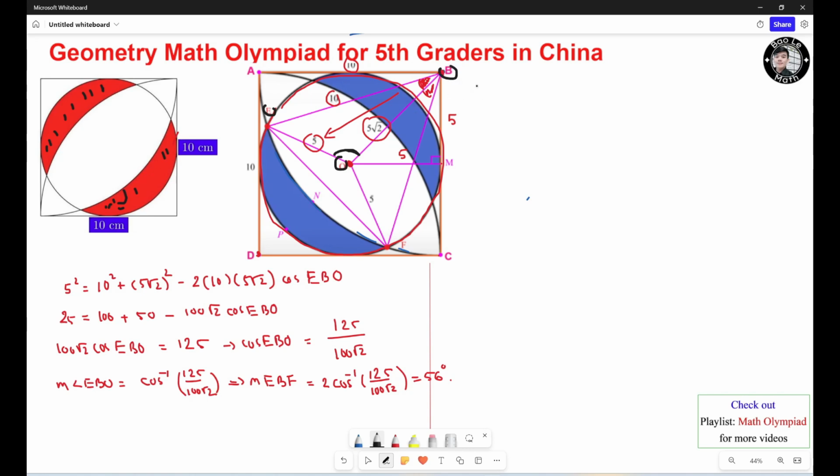We have 10 squared, because this angle is opposite to this side length, so 10 squared equals 5 squared plus (5 root 2) squared minus 2 times 5 times 5 root 2 times cosine of angle EOB.